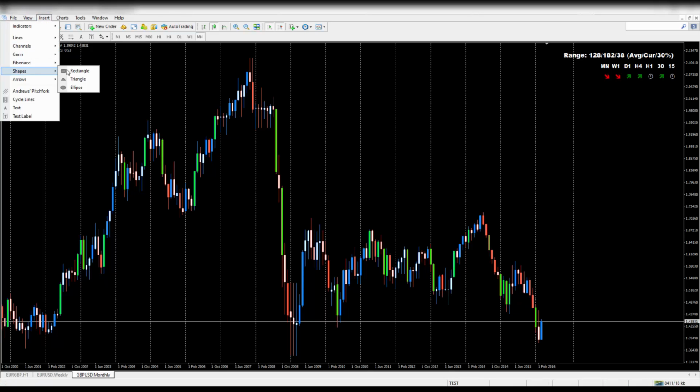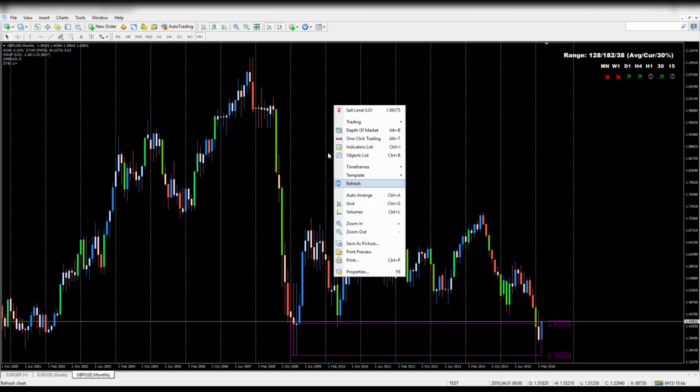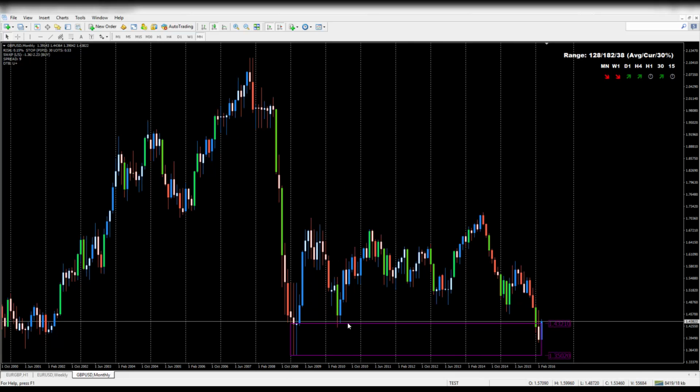First of all, I'll draw a rectangle in here that looks something like that, because this is all we have. There we are, and you can see that price has tested this area once. Price left the area, went up, came back down, tested the top of this area, and now price is coming back and has eaten further into this monthly area of demand.